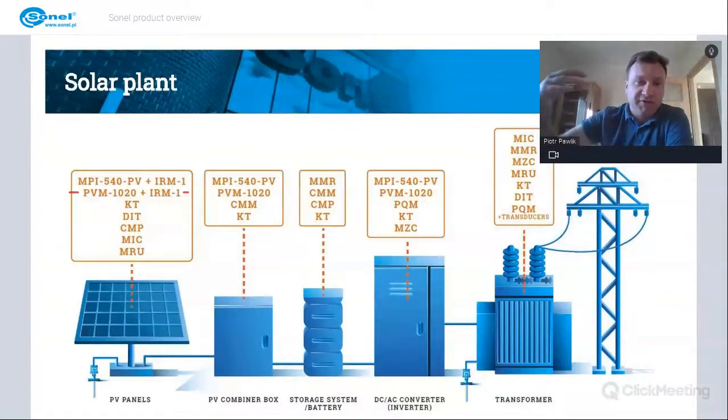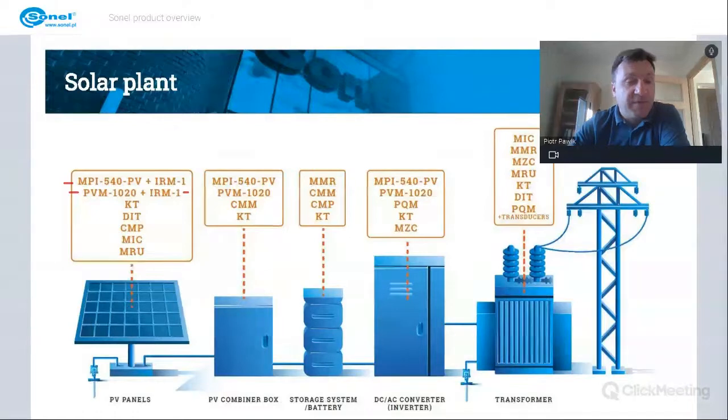It can check how much light from the sun is coming to the panel, what is the exposure, what is the temperature of the panel. Now we can find these functions also in our multifunction meter MPI 540 PV, which we can also use to check solar panels as well as other parts of the electrical installations.